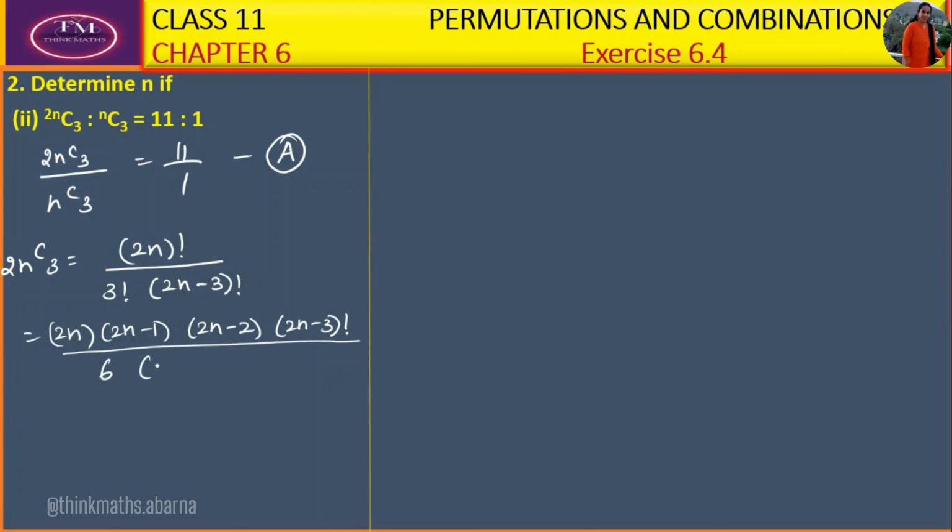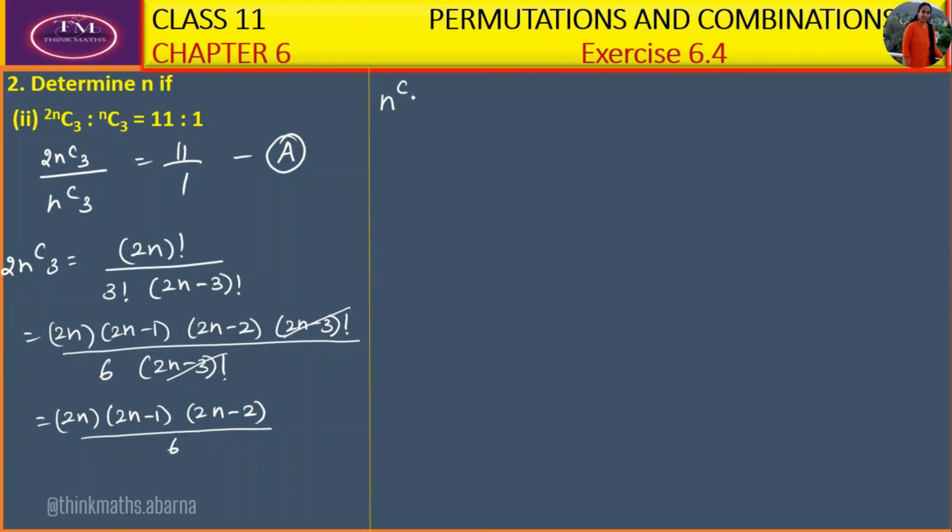This gets cancelled and the answer will be 2n into (2n minus 1) into (2n minus 2) divided by 6. Note that I am not cancelling this 2 and 6 because it gets automatically cancelled when I substitute in this A part, so I am keeping it as such.